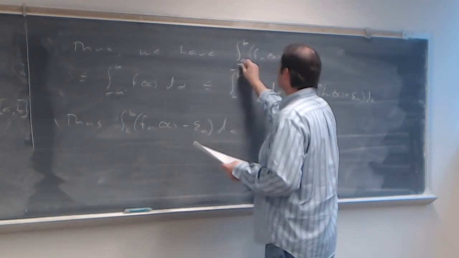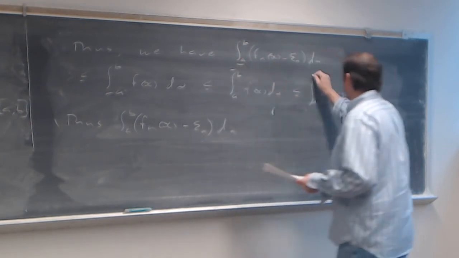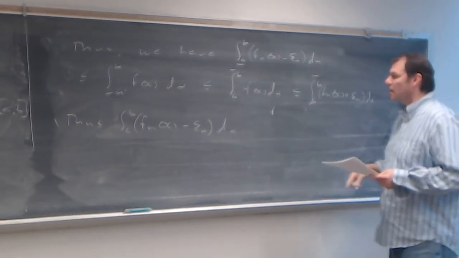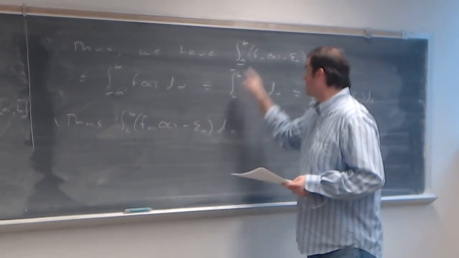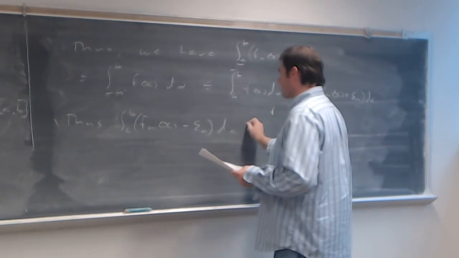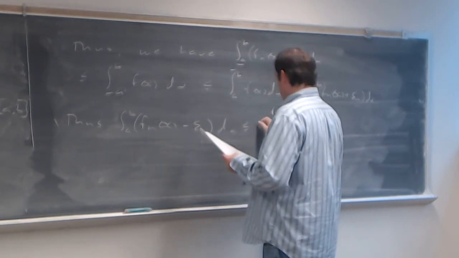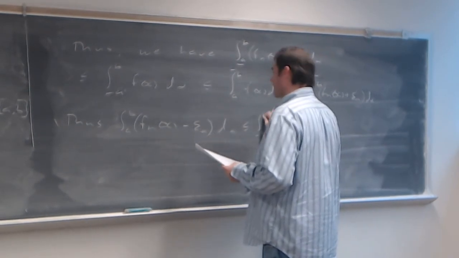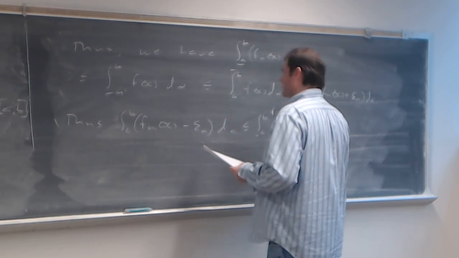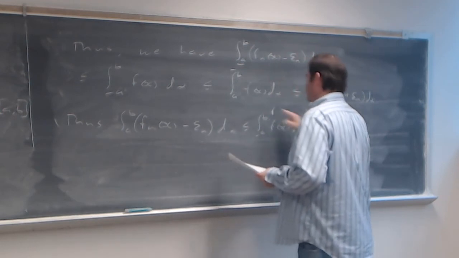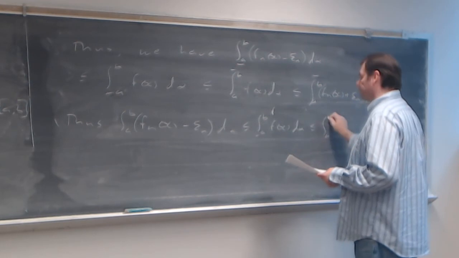Let's make these lower. Okay, this is lower and this is upper. And then I'll change this to just be the regular integral next. It's going to be less than or equal to this lower integral, which is less than or equal to this upper integral.